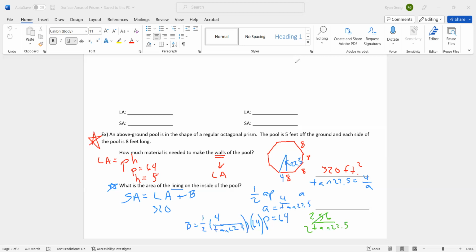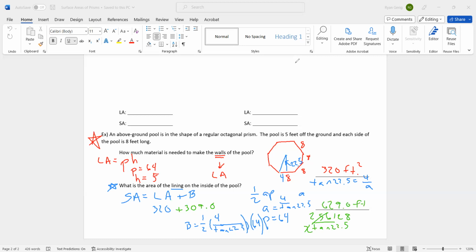And then 256 divided by 2 is 128. So 128 divided by the tangent of 22.5. So that's 309.0. So just 309. Okay, so add that to 320 to get the lining of the pool. So 629.0 feet squared.